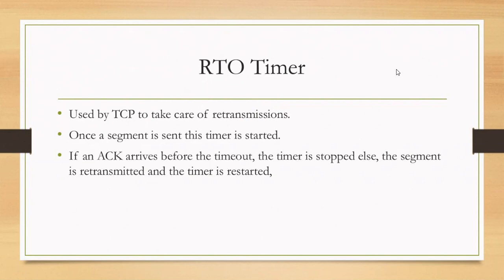So to bring about reliability, TCP uses retransmission. And when to retransmit? For that, it uses this timer. Once a segment is sent, this timer is started. The moment a host sends a segment, it will start this RTO. Now, let's say the timeout is X seconds.